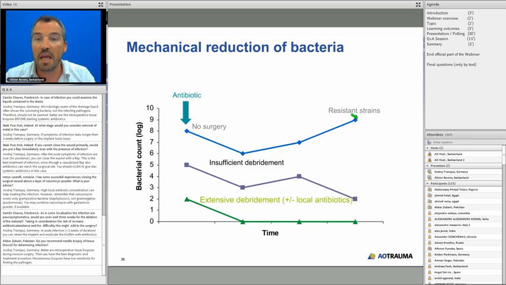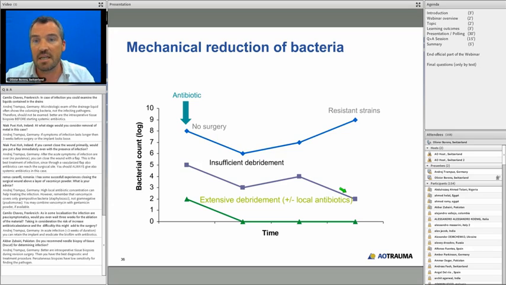If we combine our antibiotics now with debridement, in this case an insufficient debridement, we can see that we get it down 2 or 3 logs more, but in the end, if the debridement was not sufficient, we're not going to be able to eradicate.